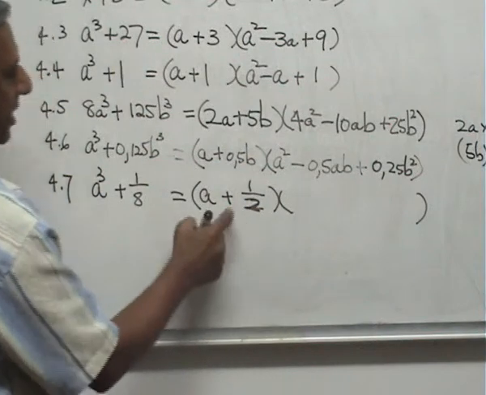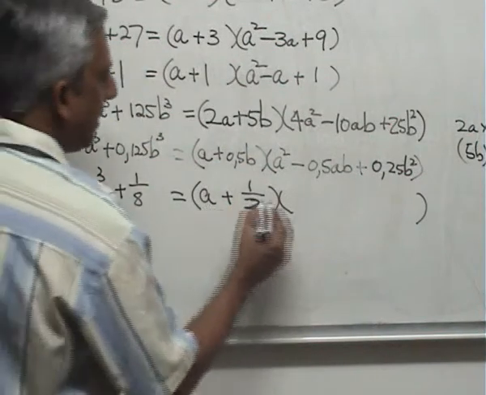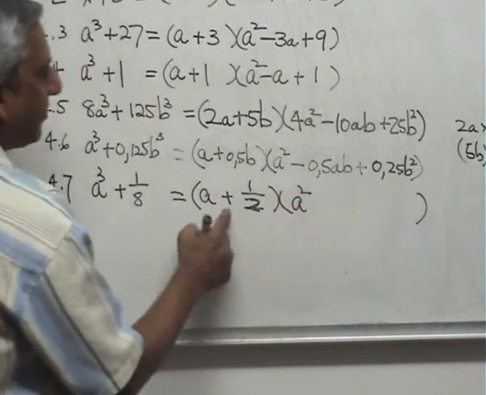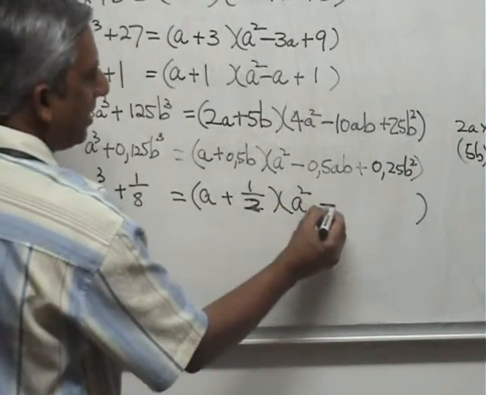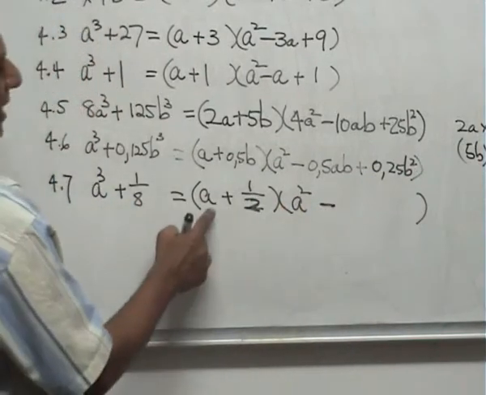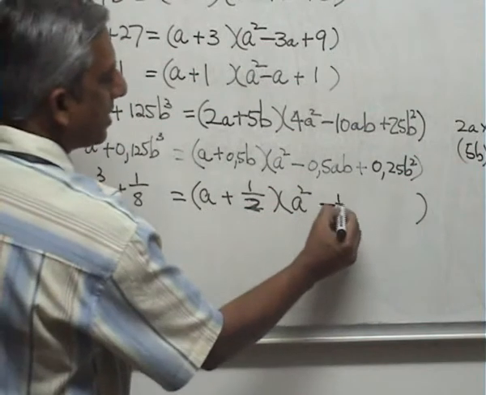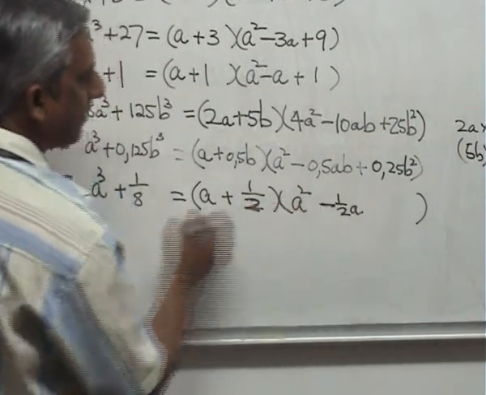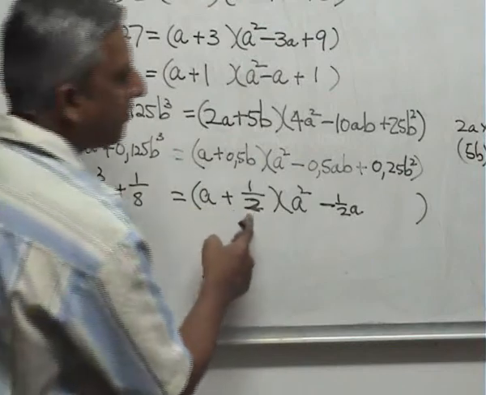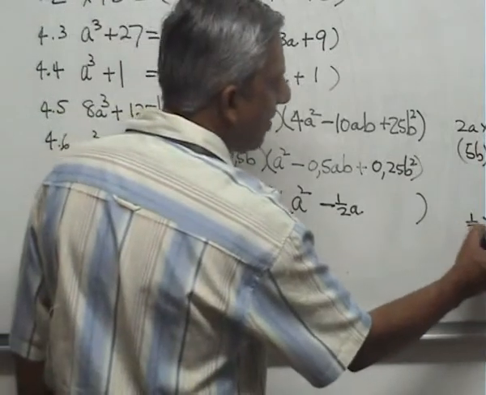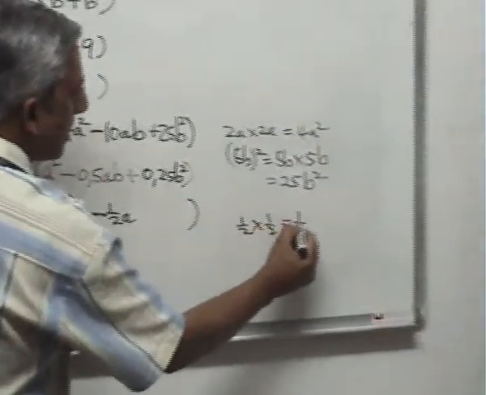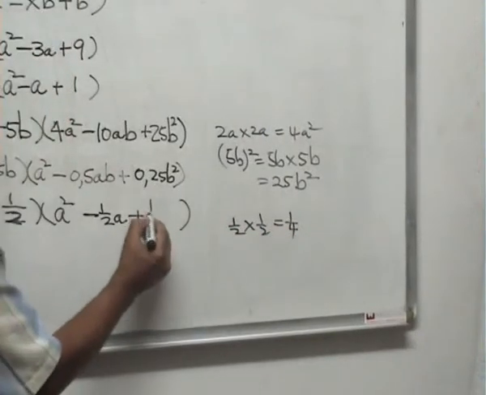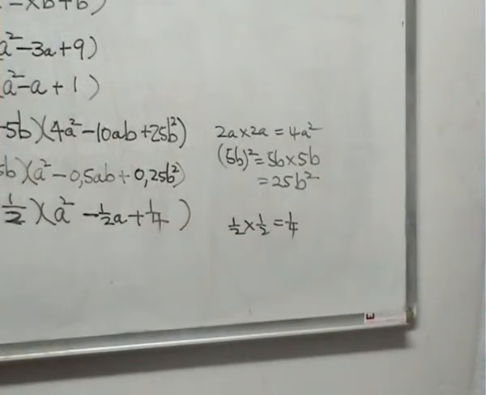So we can get the answer without a calculator. Then square the a squared. If this is plus, that will be minus. a times half is half a. And then square the half. Square the half means half times half, which is quarter, plus quarter.